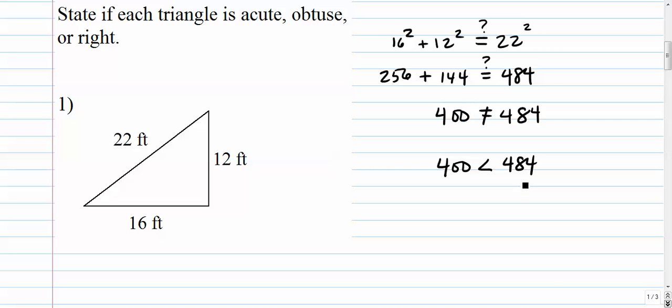The C squared term is bigger than the sum of A squared and B squared. So this is going to be an obtuse triangle. In other words, this angle right in here is an obtuse angle.